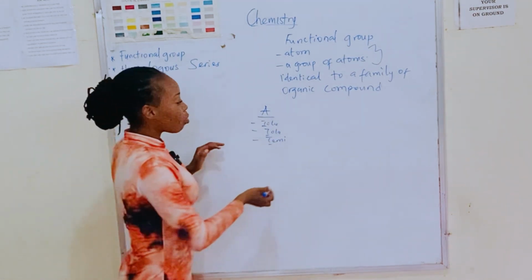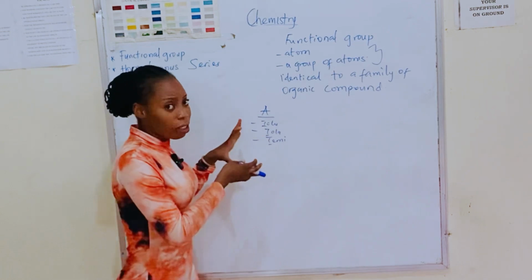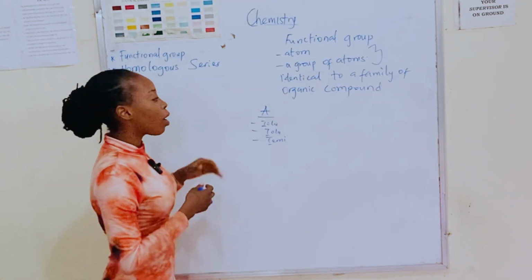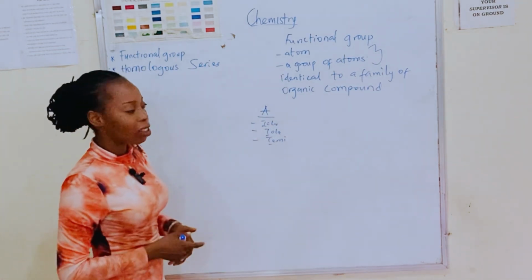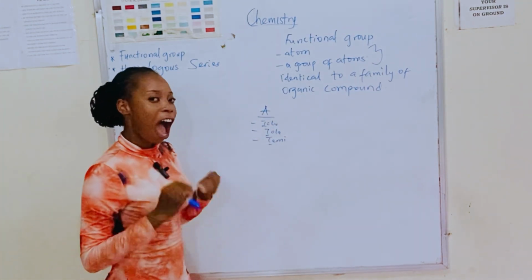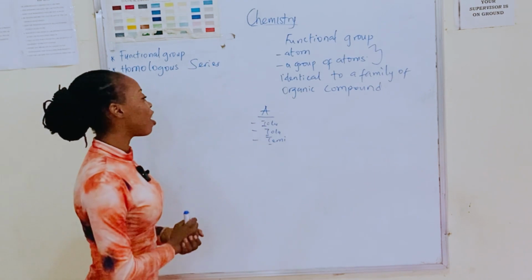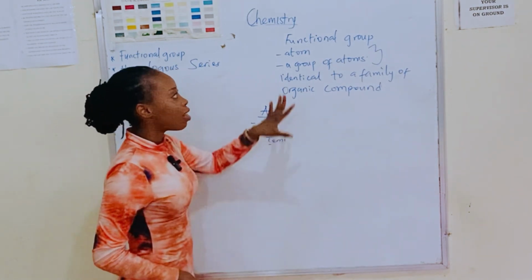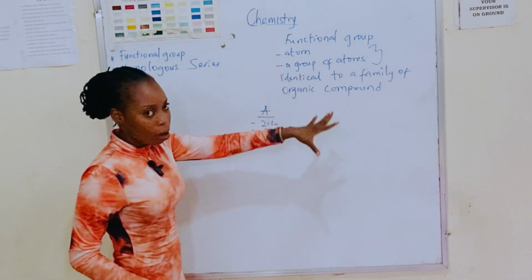This particular T is the basis for this classification, and hence that will be the functional group. But we are talking about organic compounds here, so Tolu, Tola and Temi are not so relevant. Apologies to Tolus, Tolas and Temis. Alright, so basically that is what functional group is all about.